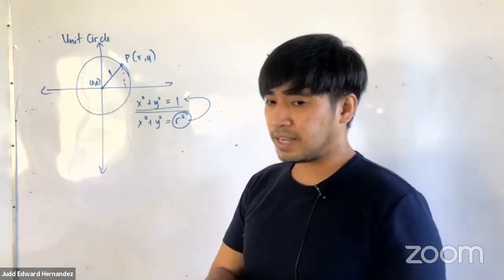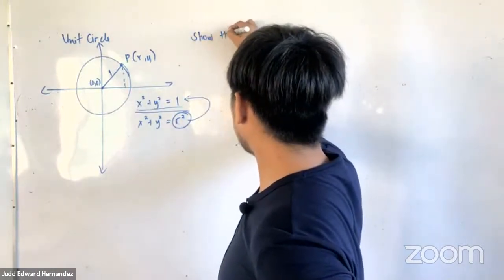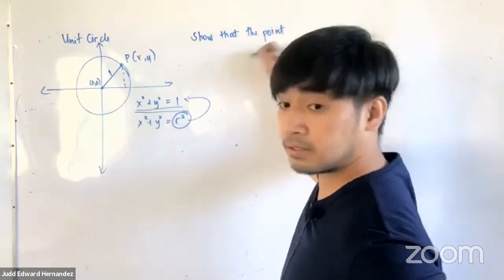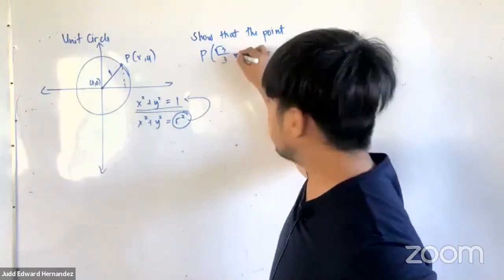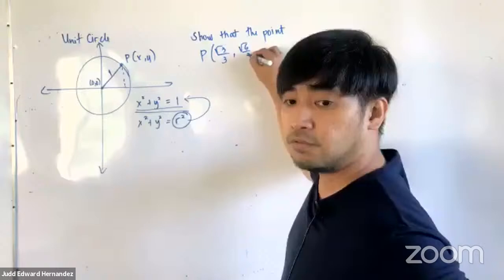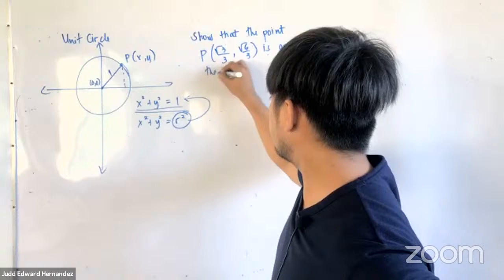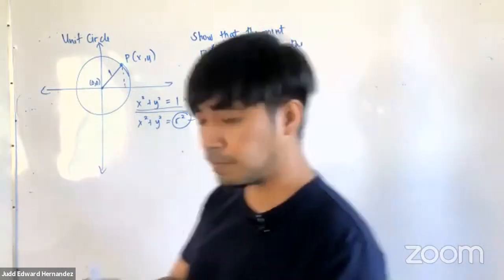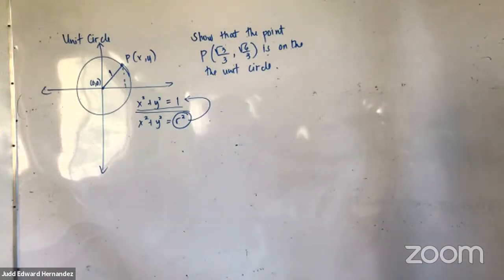Okay. Ang sabi sa atin kanina, show that the point P, which is square root of 3 over 3, square root of 6 over 3 is on the unit circle. Paano natin malalaman na nasa unit circle yung point na yon?